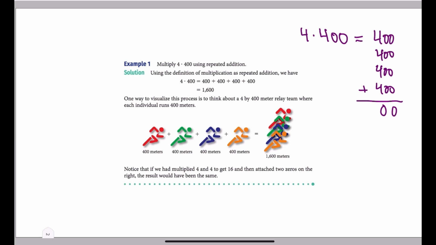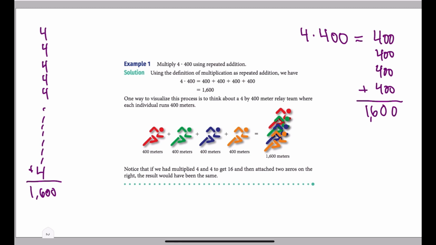So 8 and 8 is 16. So 1,600 meters, which of course relates to 4 times around a 400-meter track. And again, I could have done this the other way, 4 plus 4 plus 4 plus 4, 400 times, but the math would have been much more difficult and I would have gotten the same result.